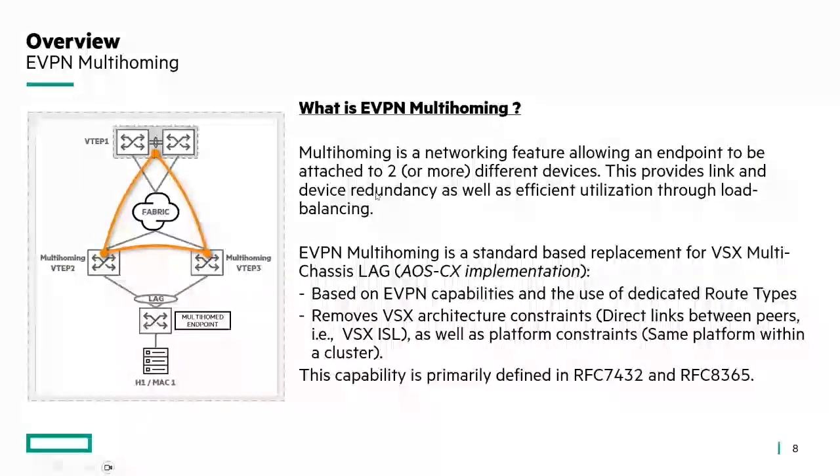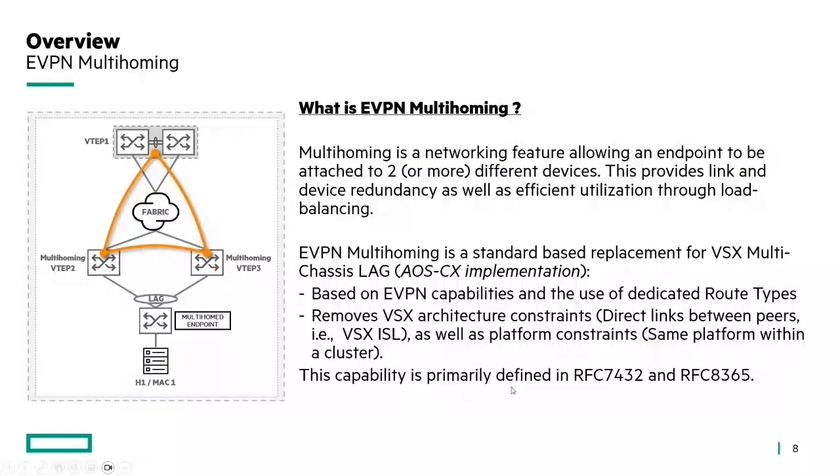And so this is a standards-based approach or replacement for VSX multi-chassis LAG, which is our AOS-CX implementation up until now. So this feature provides benefits. It's based on EVPN capabilities and the use of dedicated route types, and it removes the VSX architecture constraints. So no need for direct links between the peers, for example the ISL, as well as platform constraints, so the same platform within a cluster.